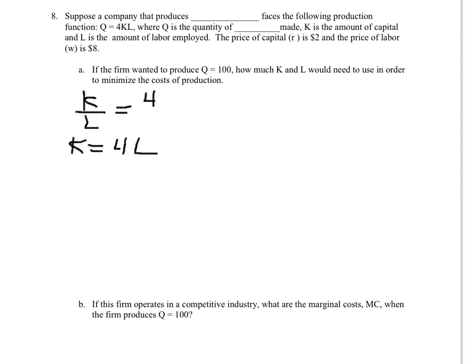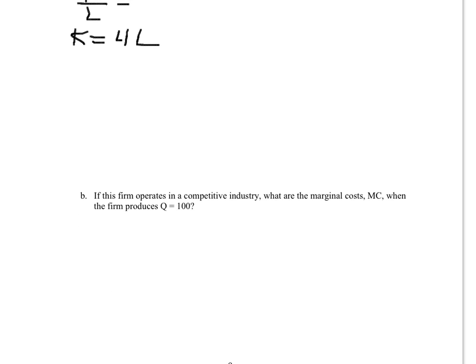It's actually not that difficult. The more difficult part of this question is the firm operates in a competitive industry. What are the marginal costs when the firm produces 100 units of output? Well, for this one, you remember to use the equation MC equals the wage over the marginal product of labor. So if you know how to calculate this, let's calculate that here.